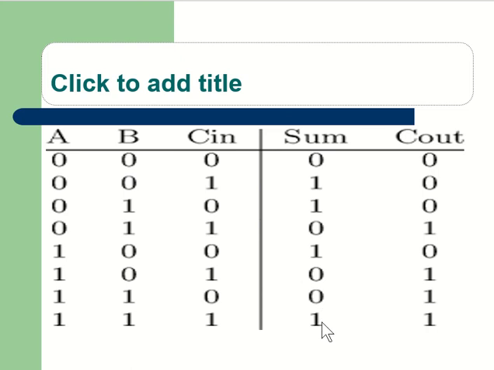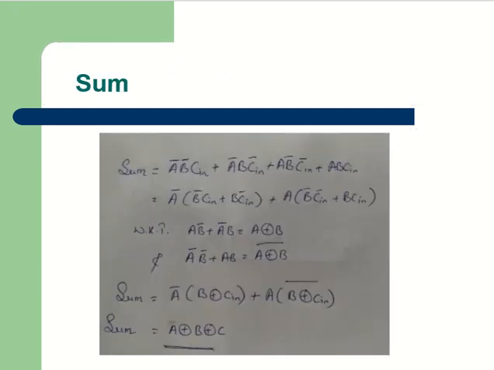And the last case where all the variables are 1, so that is A, B and C in. So it is 4 different cases. So from the truth table we got the expression for sum as A bar, B bar, C in plus A bar, B, C in bar plus A, B bar, C in bar plus A, B, C in.